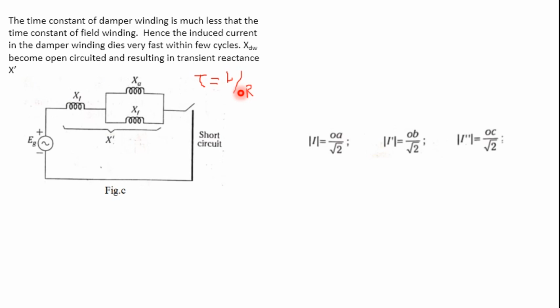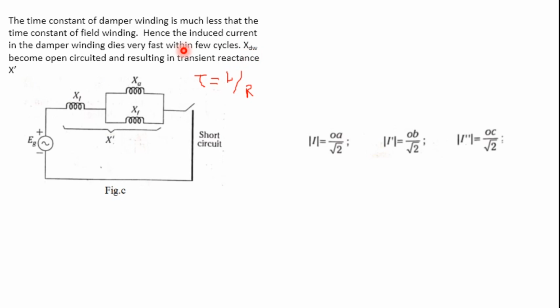The time constant of the damper winding is less than that of the field winding. Hence the induced current in the damper winding dies out very fast, within a few cycles.